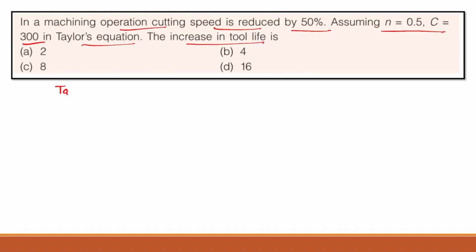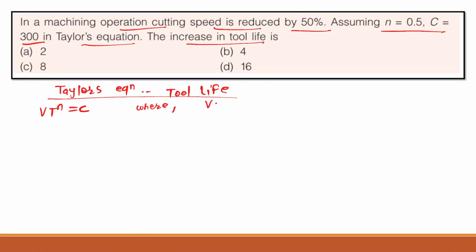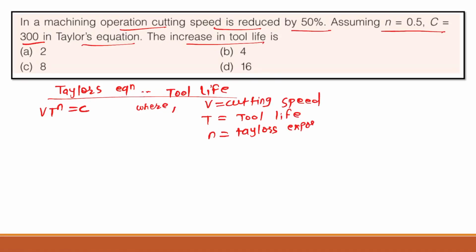As you know, the Taylor's equation, basically it is known as Taylor's tool life equation, right? Taylor's tool life equation: V t raised to n is equal to c, where V is cutting speed, T is tool life, n is Taylor's exponent, and C is Taylor's constant.